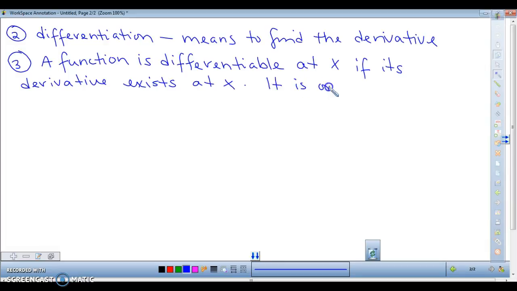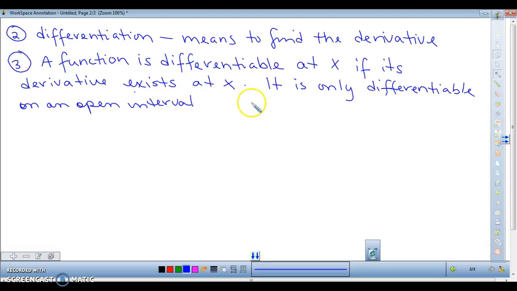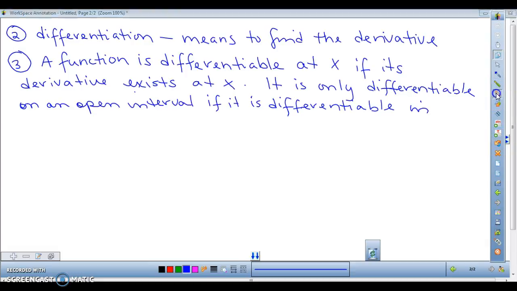Okay, and it is only differentiable on an open interval if it is differentiable at every point in that interval.